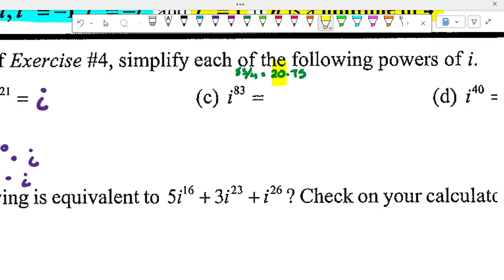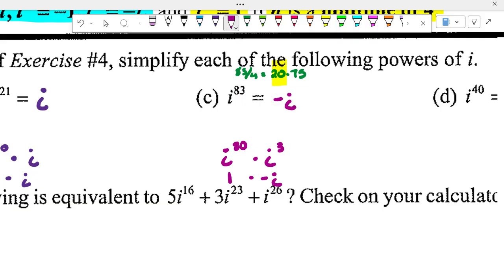So what's 20 times 4? 80. So I'm writing this as i to the 80th, and then how many are left over? 3. So this is 1 times i cubed. What's i cubed? Negative i. So what's my answer? Negative i.